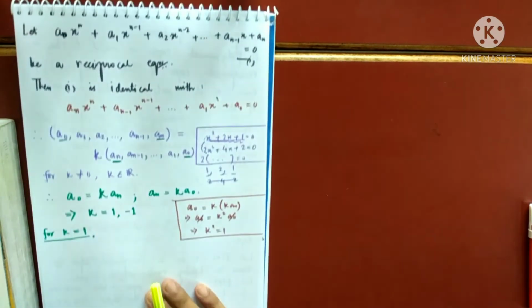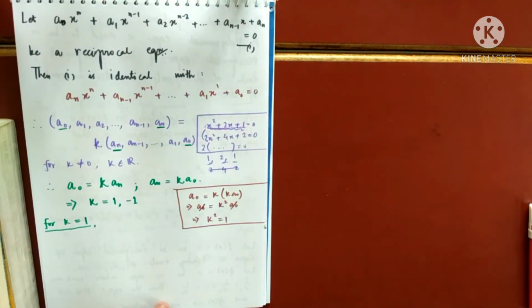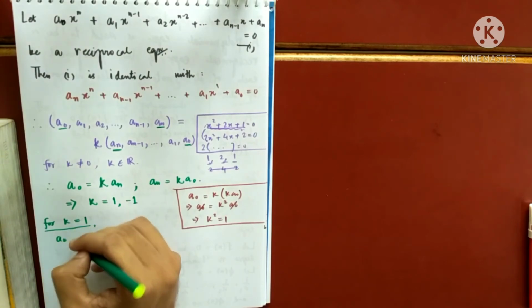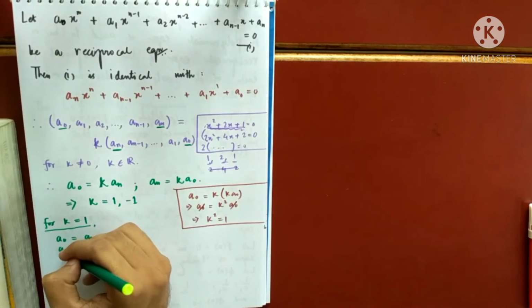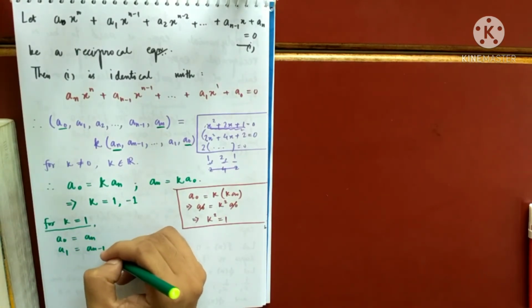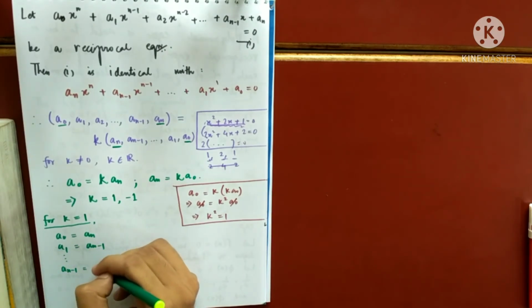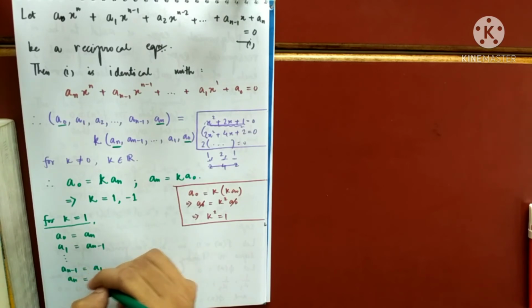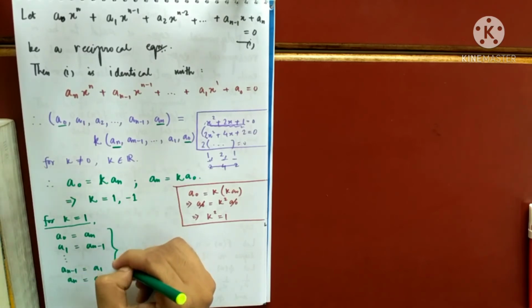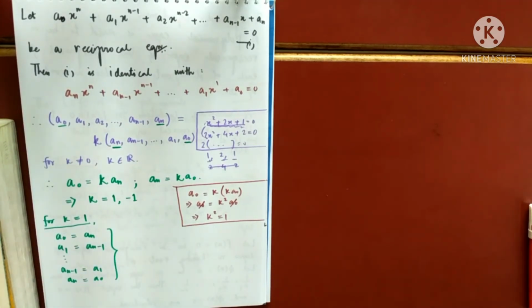So for k equals 1, a0 must be the same as an, a1 is the same as an minus 1, dot dot dot, then an minus 1 is the same as a1, and lastly an is the same as a0. So this condition must hold when k equals 1, and that equation is a reciprocal equation.